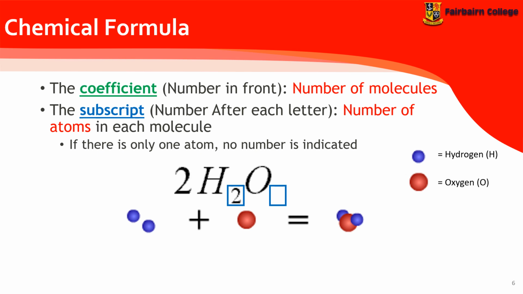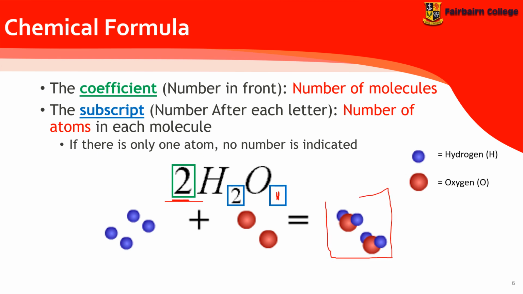Now if we have 2 water molecules, so we add a 2 in front, then we multiply this 2 with every subscript, so with every number after a letter. In the first case, for hydrogen, we say 2 times 2 equals 4 hydrogen atoms, and 2 times this imaginary 1 will give us 2 oxygen atoms, and in total you can see that there are 2 water molecules.